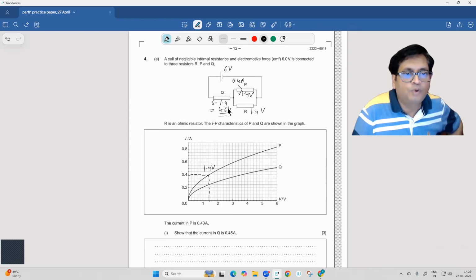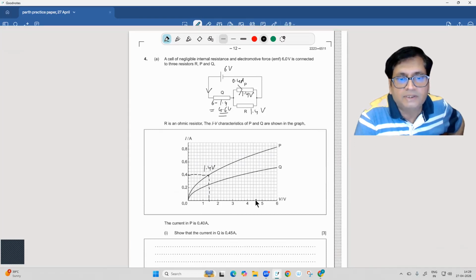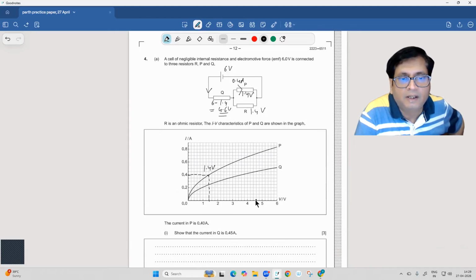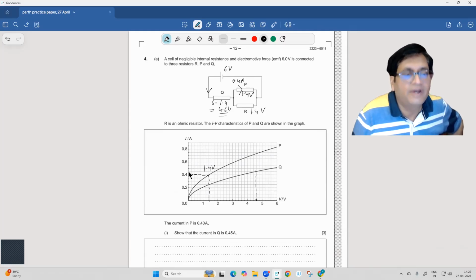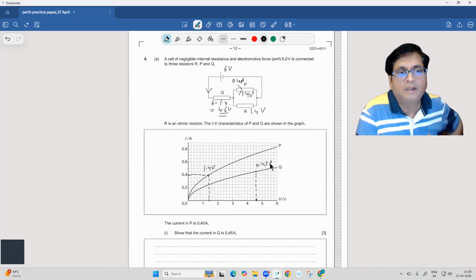4.6 volt means how much will be the current here? 4.6 volt, we can check the current. This is 4.6. And we can see the current here in Q at 4.6. This is how much? 0.45. You are right. So that means here the current is 0.45 ampere.